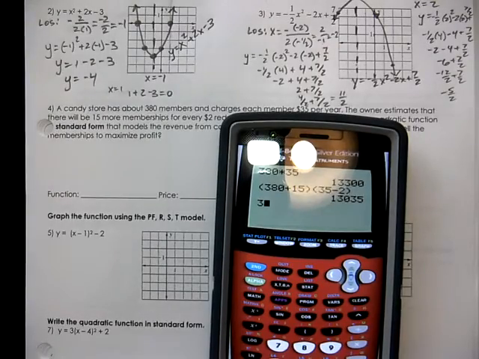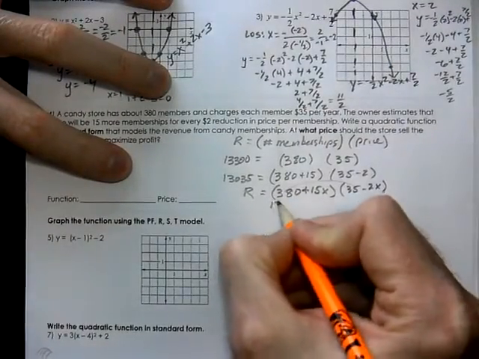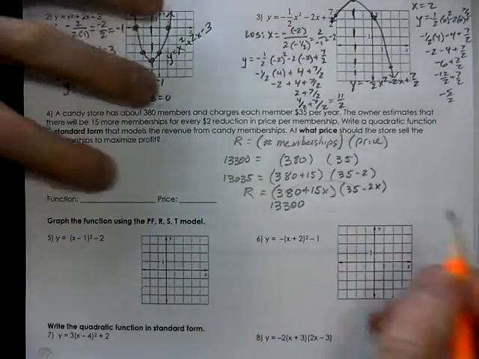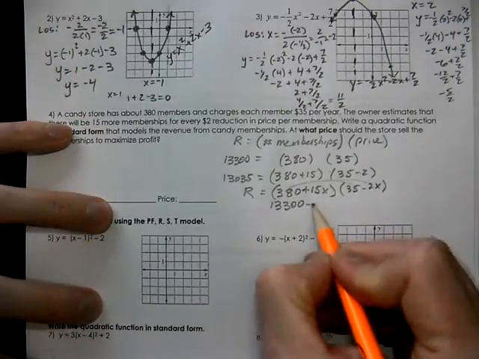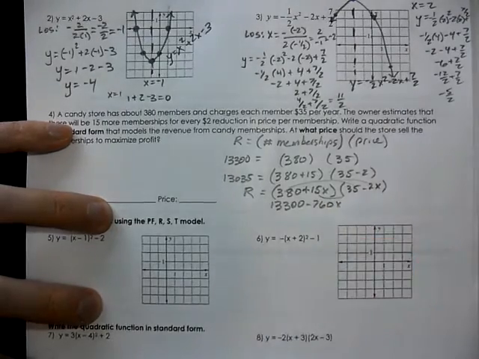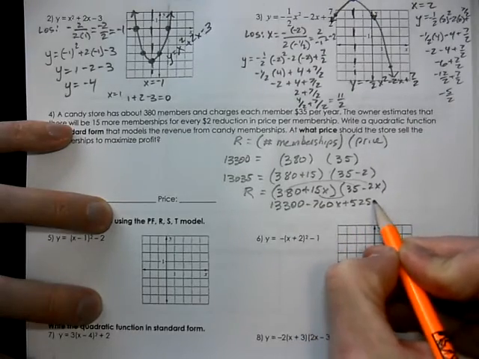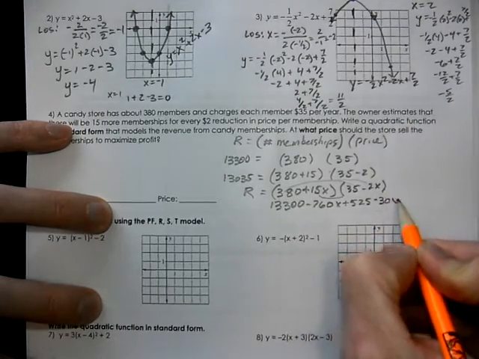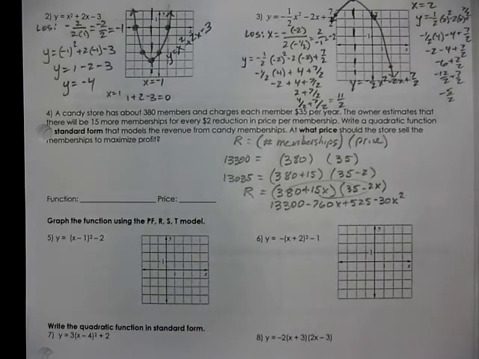So we're going to take the 35 and times it by the 380 like we already have, and we got our 13,300. Then 760, our 15 times 35 gives us 525, and 2 times 15 gives us negative 30.